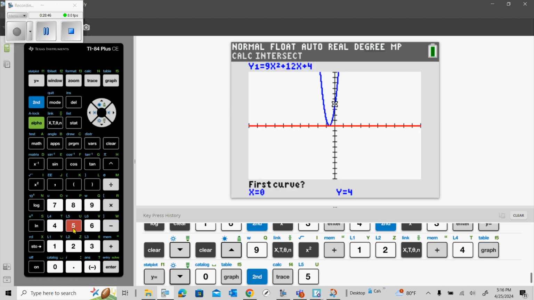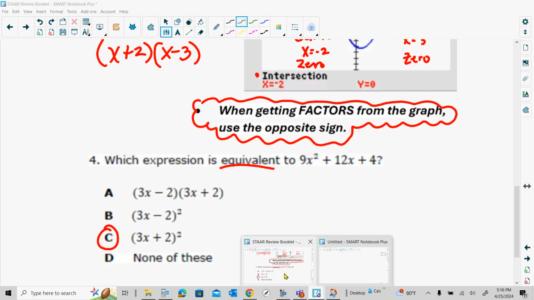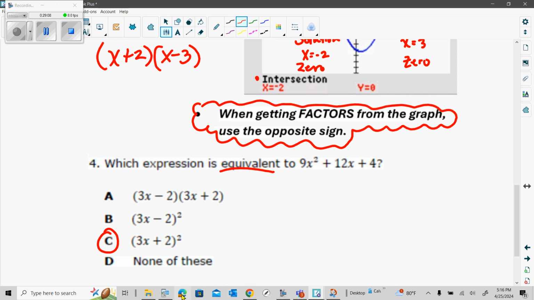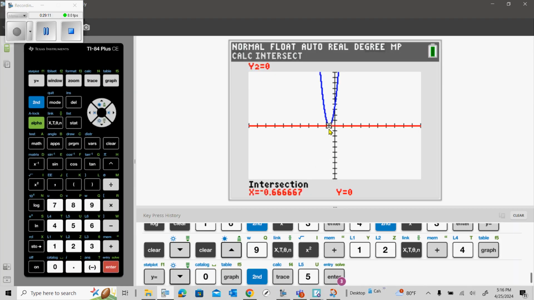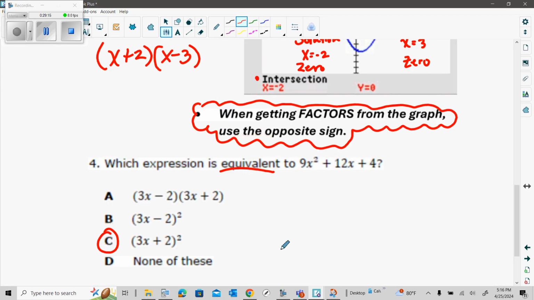I'm going to hit enter 3 times, and we get -0.6. So this is a fraction answer when I solve it. But hopefully we see that there's only one intersection right here, and that's a clue. That intersection is a negative, so the factors would have to be positive. So that's why it's C.